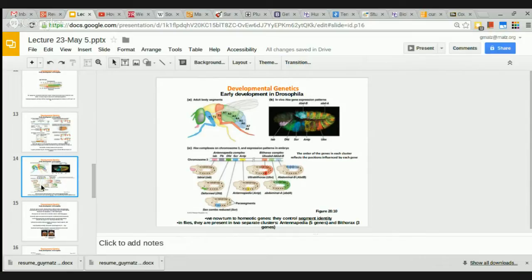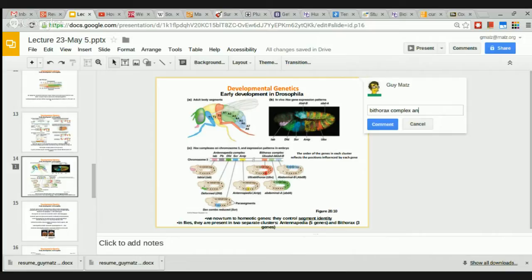what you have to retain here is bithorax complex and Antennapedia complex. Antennapedia being essentially involved in anterior segment identity, and bithorax, abdominal segment identity. I want you to remember UBX.